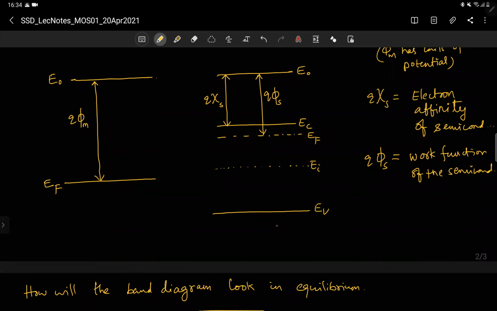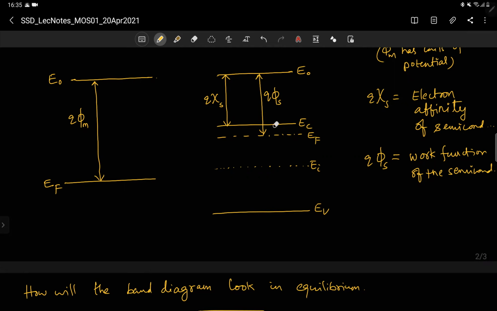So if you pull out many electrons out of the semiconductor, and see the average energy of those electrons, it is as if the average energy of all those electrons is EF. So a similar concept is extended to the semiconductor also.